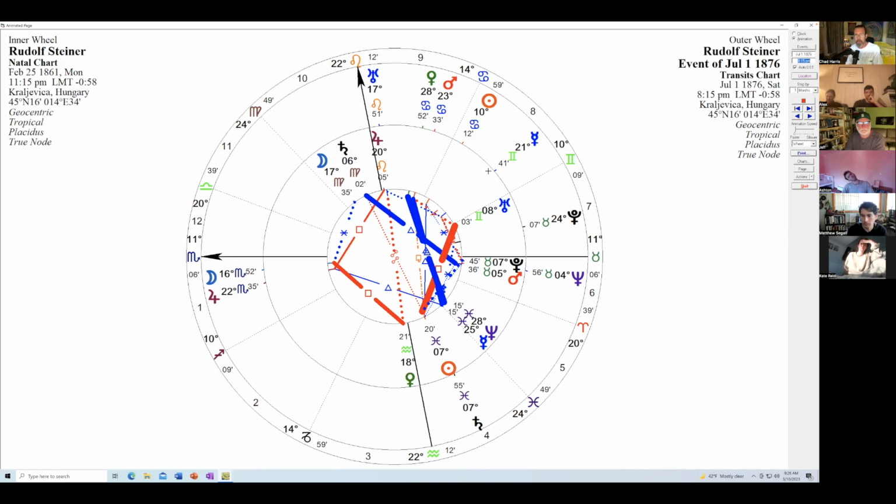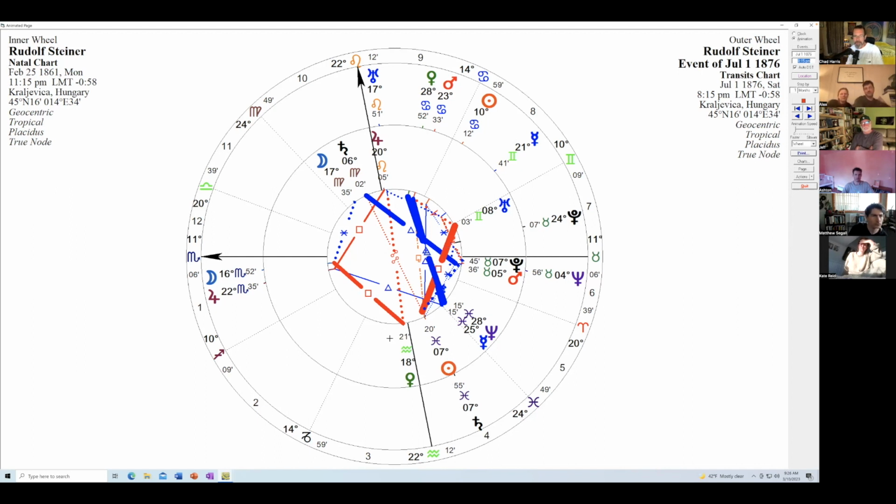And what I'm showing here is his natal chart on the inside that we were just looking at. And then these are where the planets were for July 1st, 1876, when he was 15 years old. And so Saturn was exactly what you're saying, Kate. It was opposite itself, and it was conjoining his Sun at that time. So that's a great insight and comment on your part.